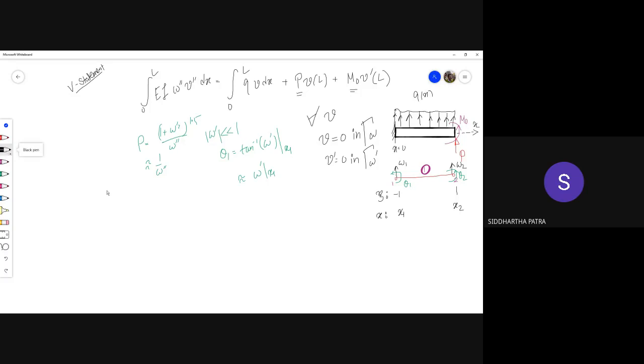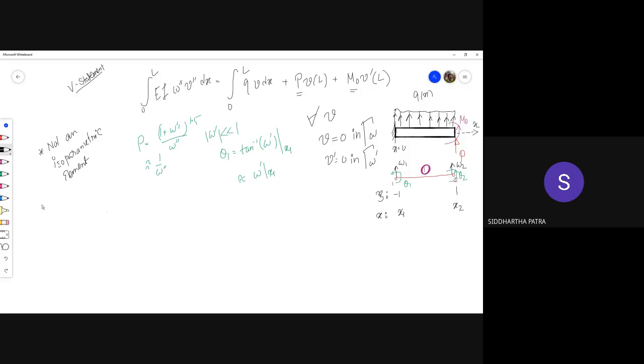Now here we would deviate from whatever we have used so far. So beam element is not an isoparametric element, which means the coordinate and the degrees of freedom are not mapped with the same set of shape functions.